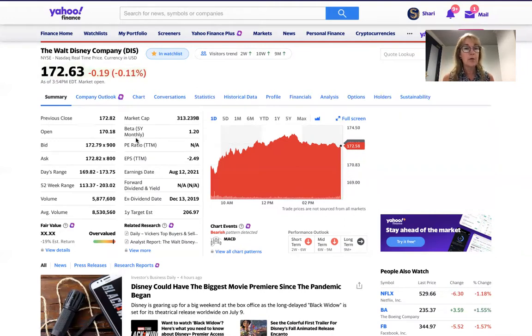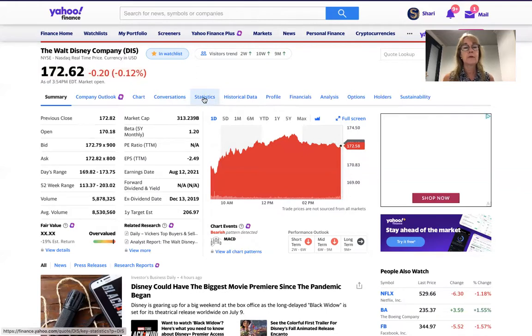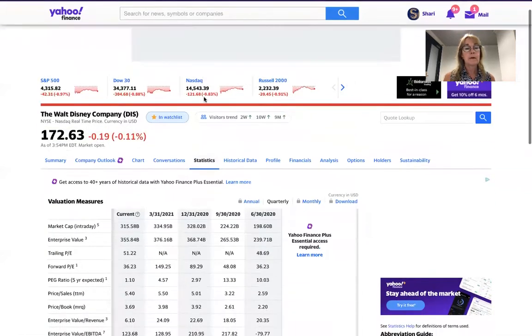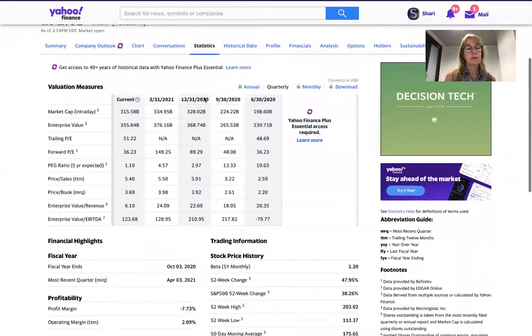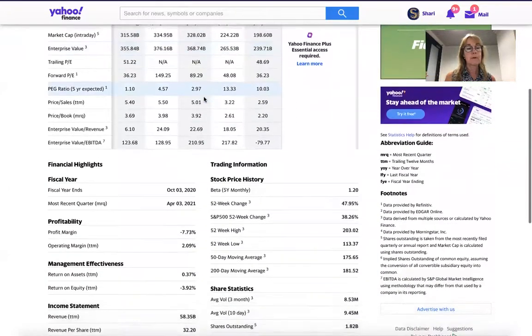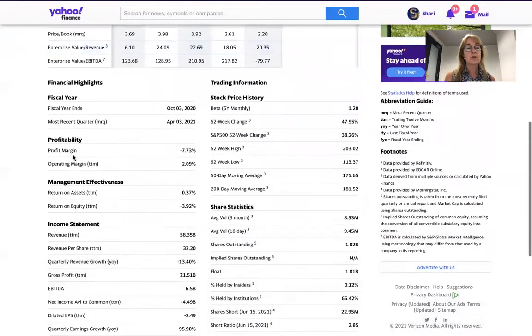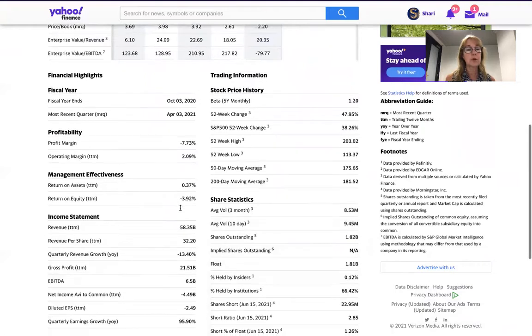And then let's take a look at some of the ratios. So you come over here to statistics. Okay, here's the return on assets. Here's the return on equity. So here's some of the main ratios that you can look at. You should include the PE ratio. If the company doesn't have negative earnings, they'll have a PE ratio.